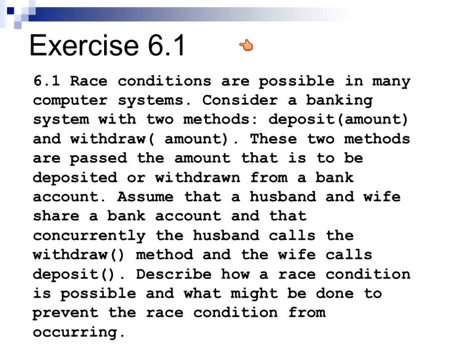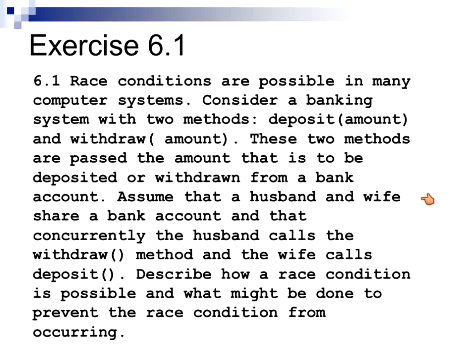I know that some of you are doing that in your Java class right now, but this is slightly different. We're going to assume that we have a multi-threaded program, a banking system that has two methods, a deposit and a withdraw. These two methods are passed the amount that's supposed to be deposited or withdrawn.